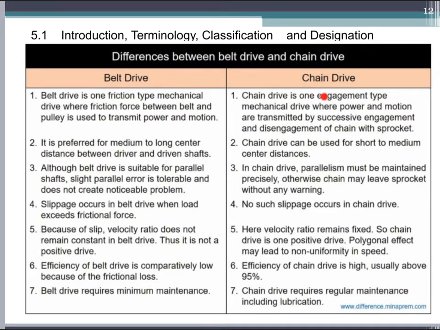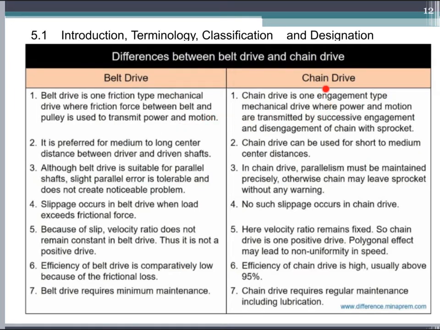The belt drive runs by using the friction force between belt and pulley. So friction force is the reason why the power and motion can be transmitted.